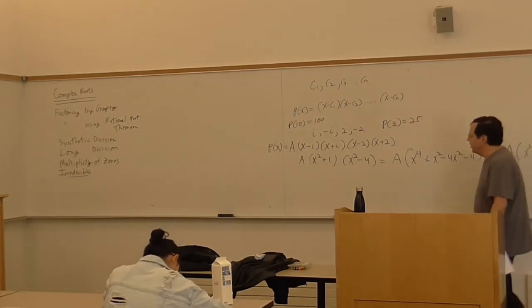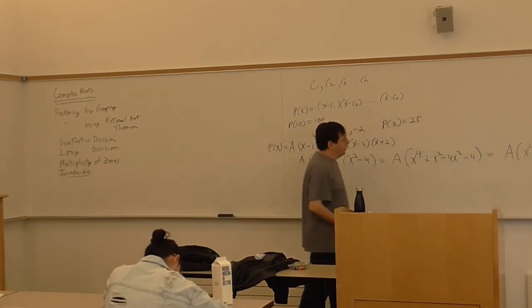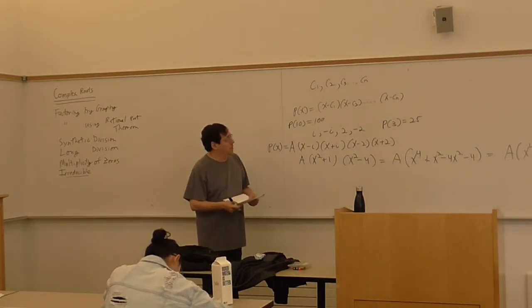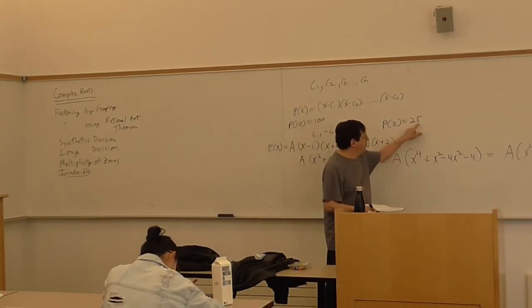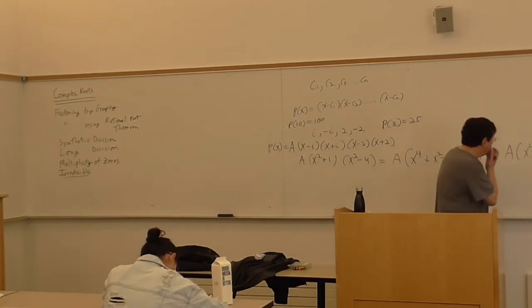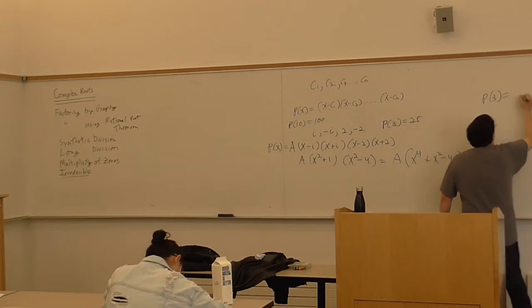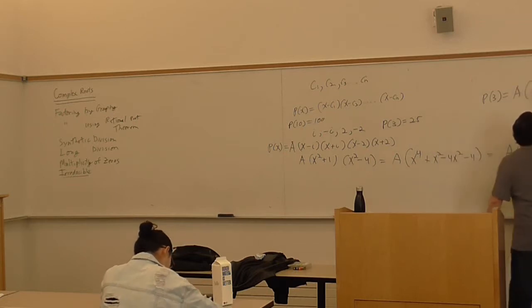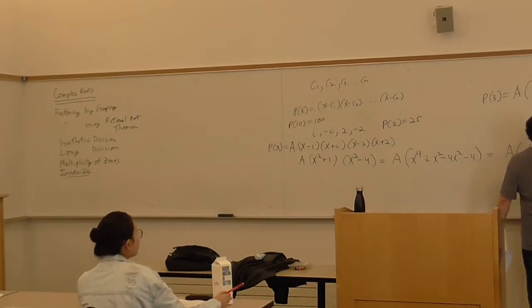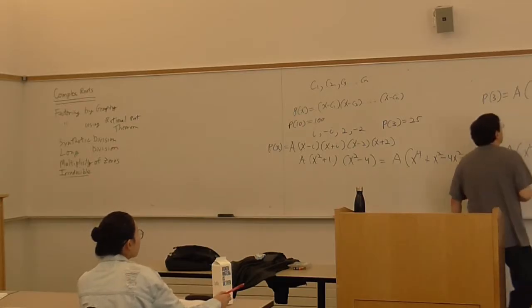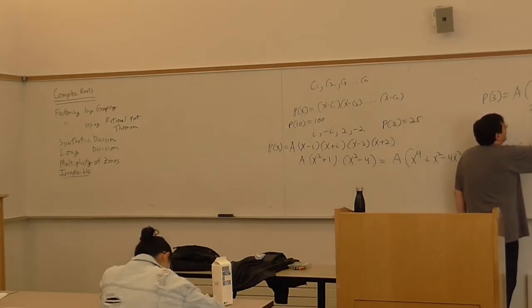Okay, I'm almost done. That's my polynomial, except I don't know what a is. But I do know that p of 3 is 25. So p of 3 would be a times 3 to the fourth minus 3 times 3 squared minus 4.